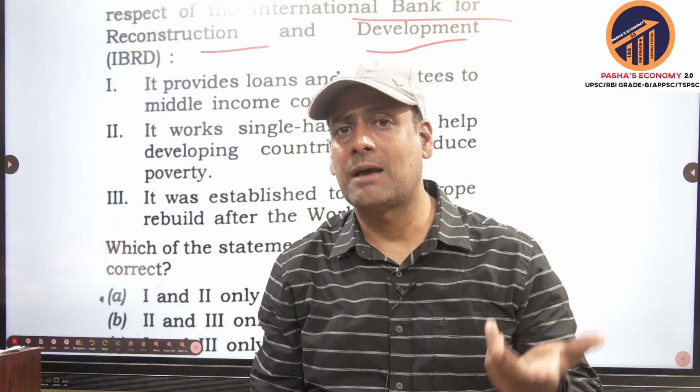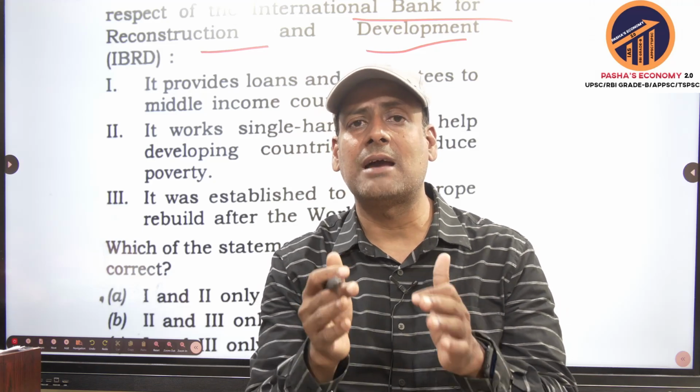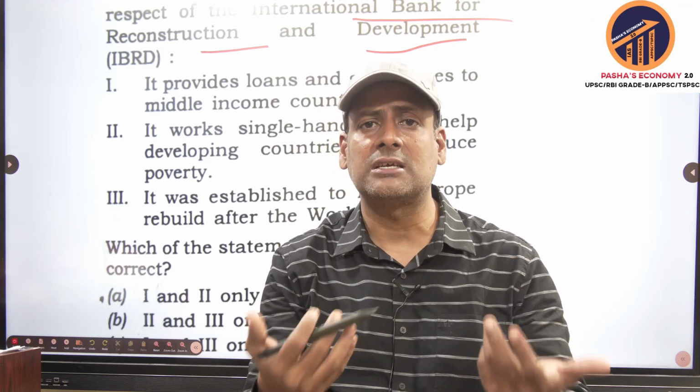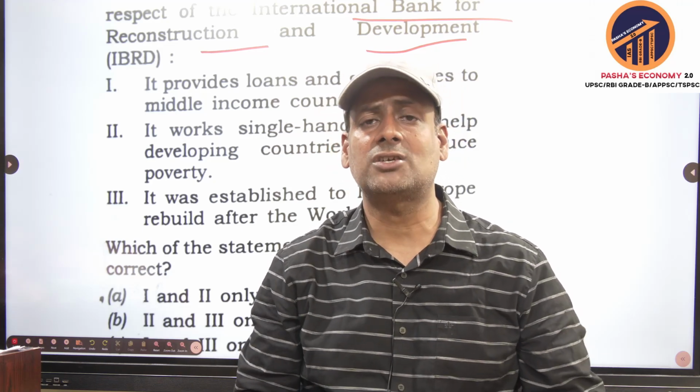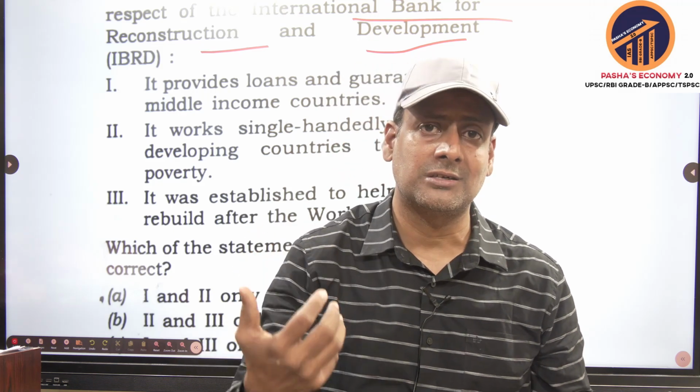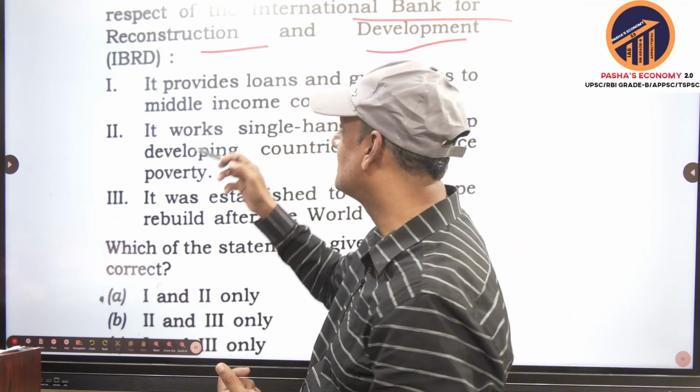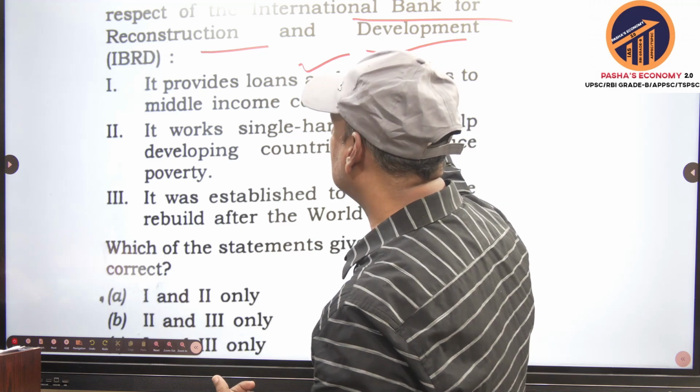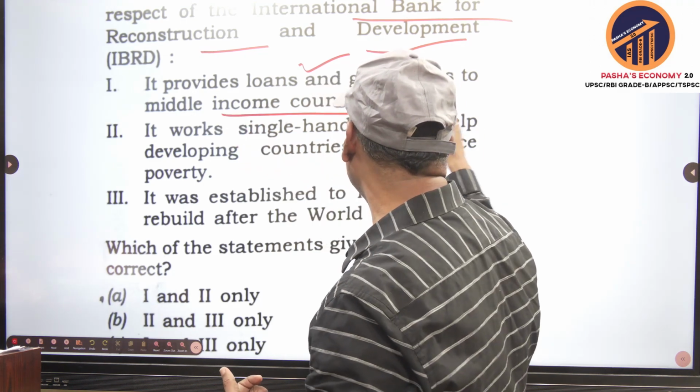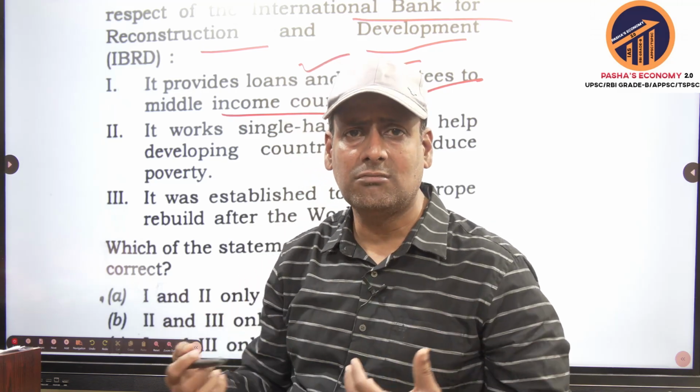The IMF was established to look after the BOP, and the IBRD was established to reconstruct the international economies ravaged by the Second World War. It provides loans and guarantees to middle income countries, absolutely right. Low income as well as middle income.